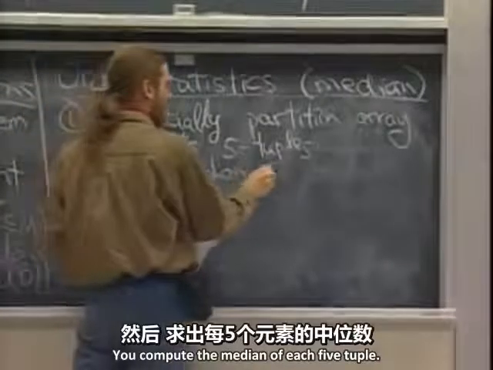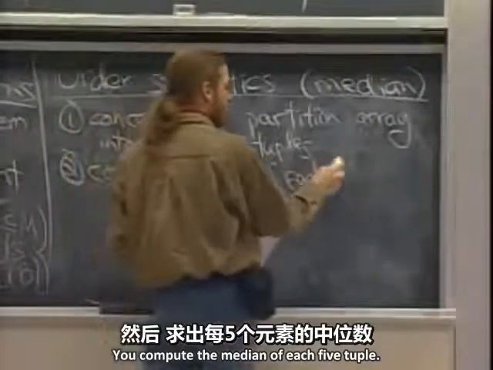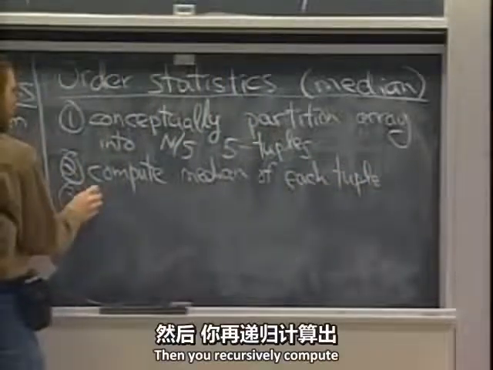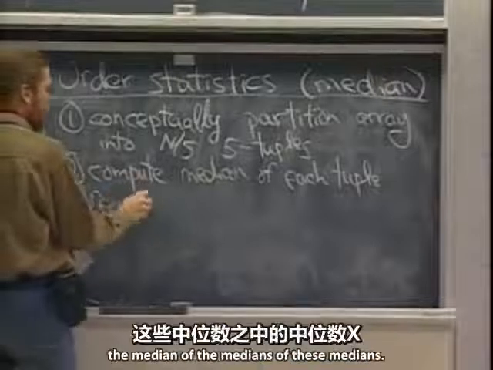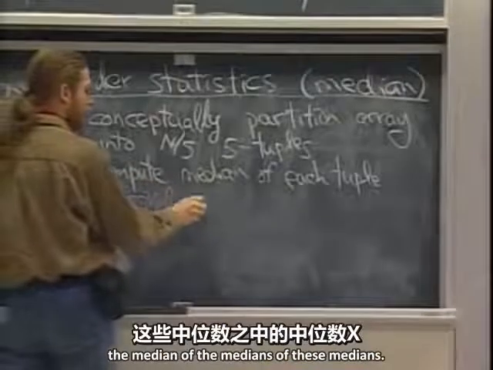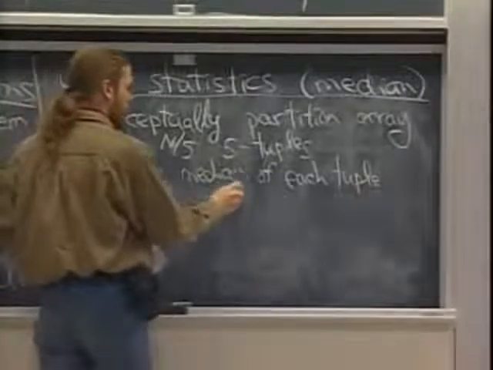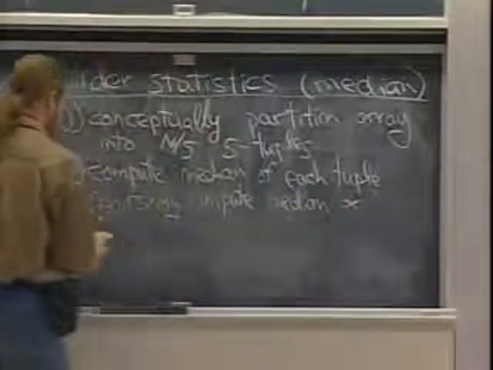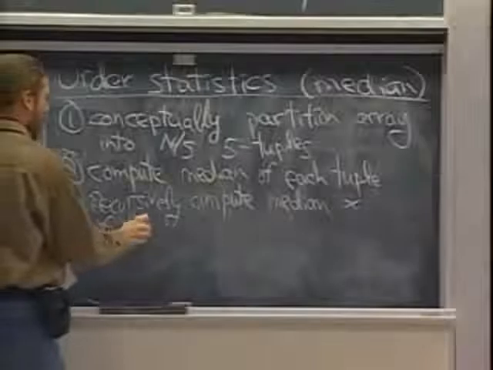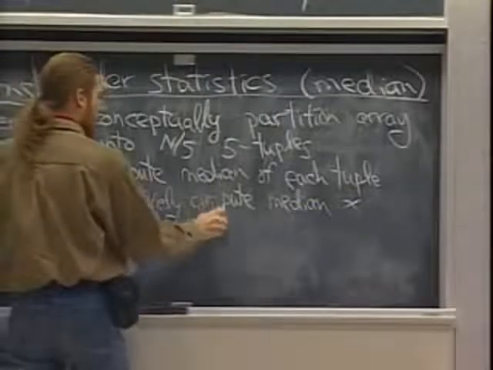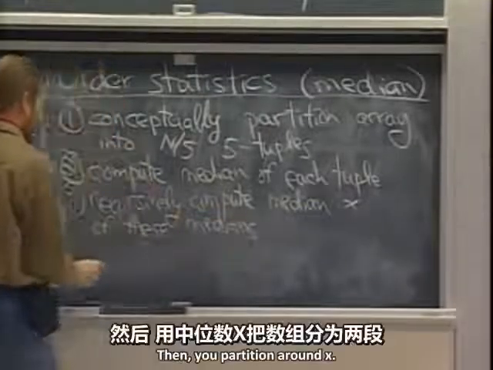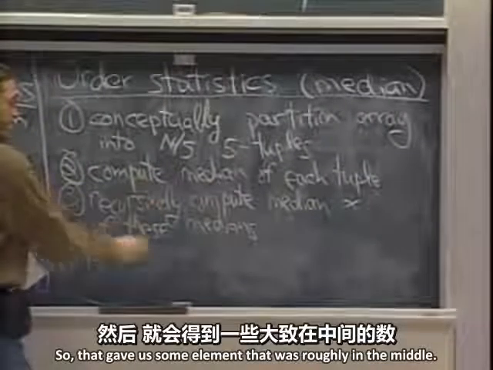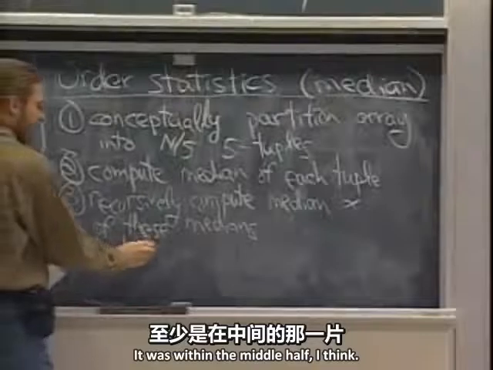You compute the median of each 5-tuple. Then you recursively compute the median of these medians. Then you partition around x. So that gave us some element that was roughly in the middle, within the middle half, I think.